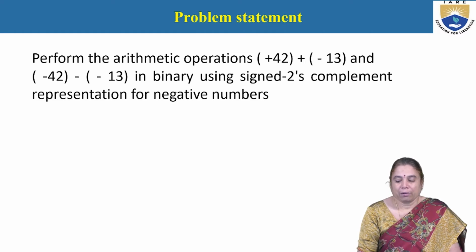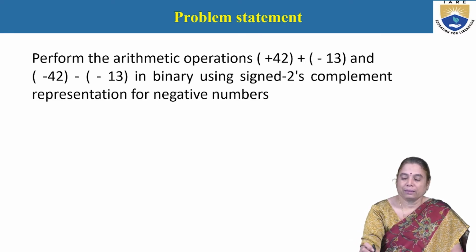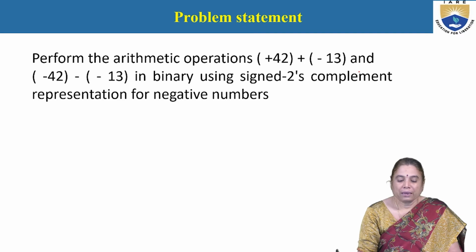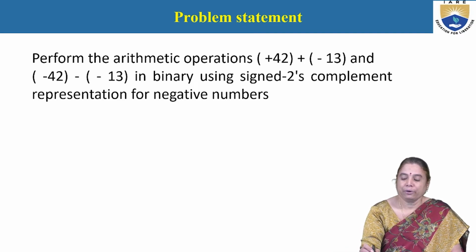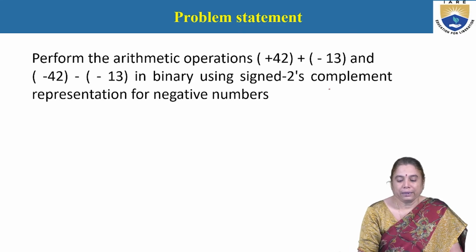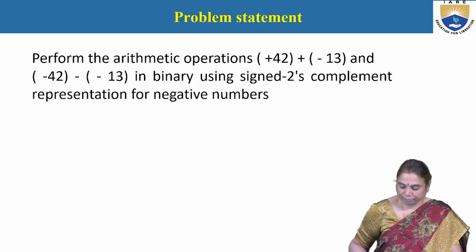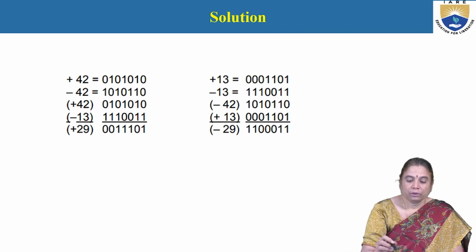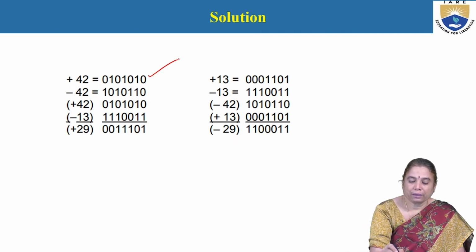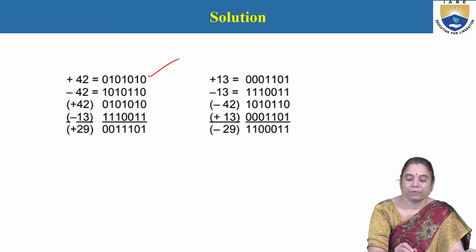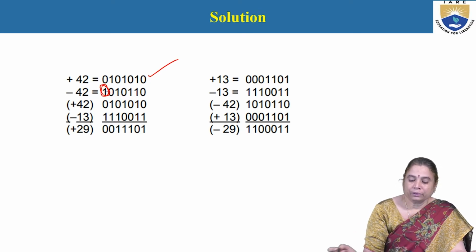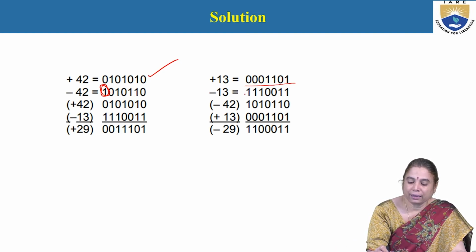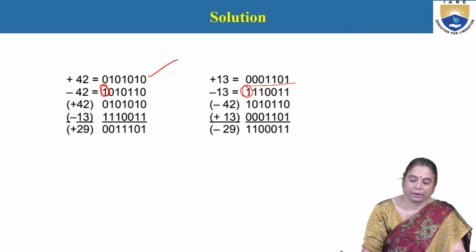Perform the arithmetic operations plus 42 plus minus 13 and minus 42 minus 13 in binary using signed 2's complement representation for negative numbers. So plus 42 can be represented like this, minus 42 can be represented with a sign bit of 1. The binary equivalent of plus 13 is this, minus 13 can be represented with a sign bit of 1.